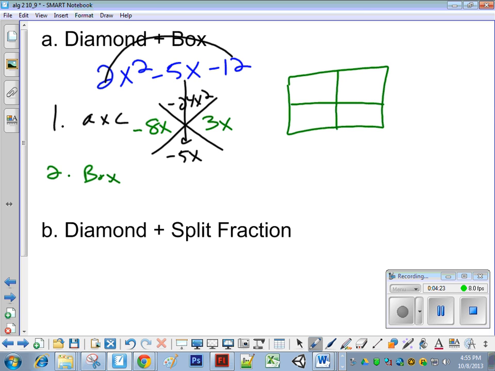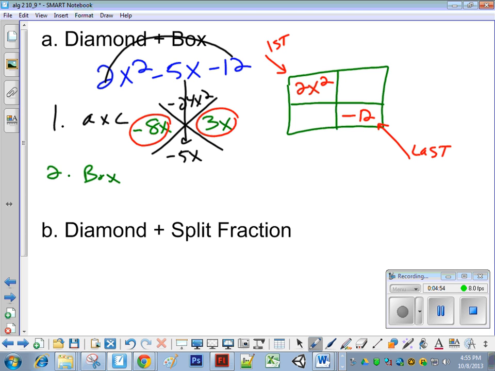Now, in this first section is going to go the first term, the leading term. In this case, it'll be 2x squared. In this box, it'll be the last term, generally the constant. In this case, it's minus 12. Now, as far as the other 2 positions, I have a negative 8x and I have a positive 3x.